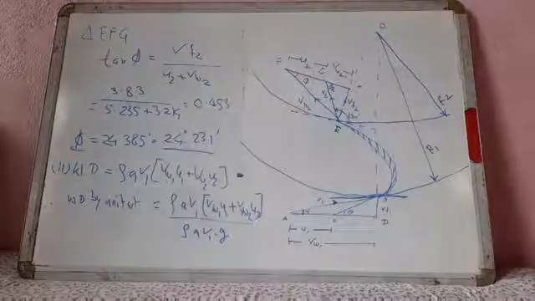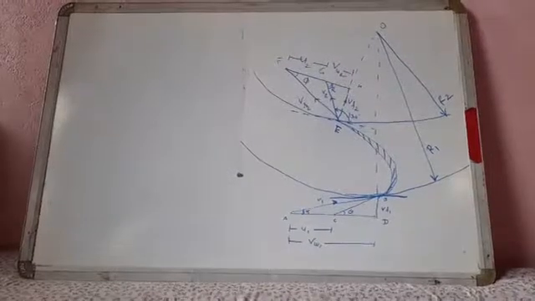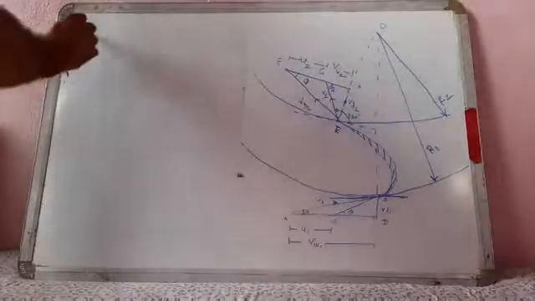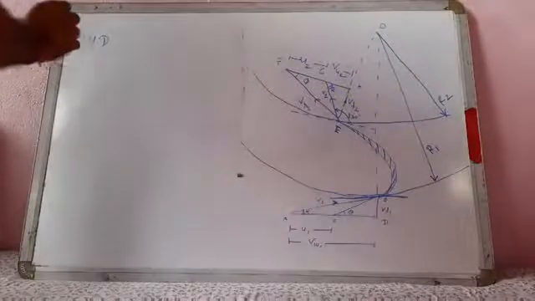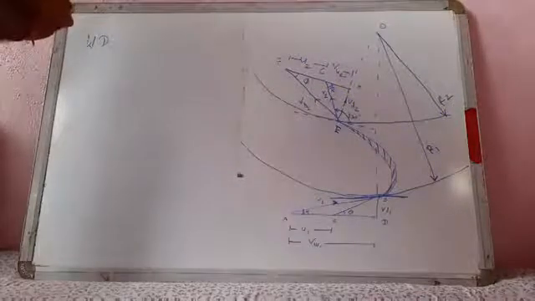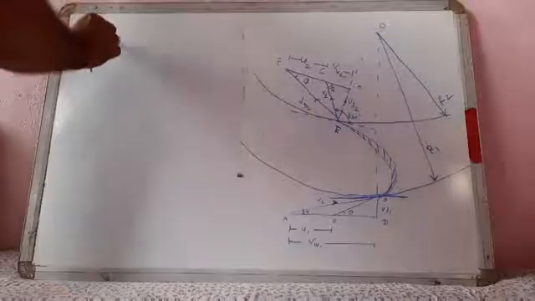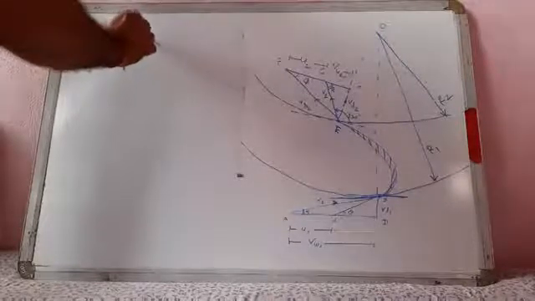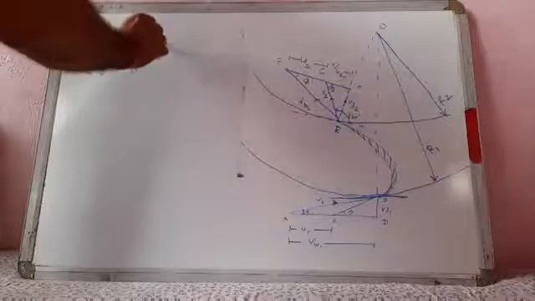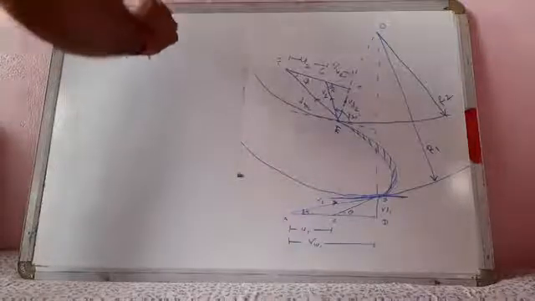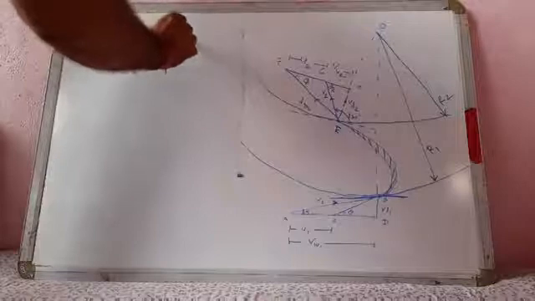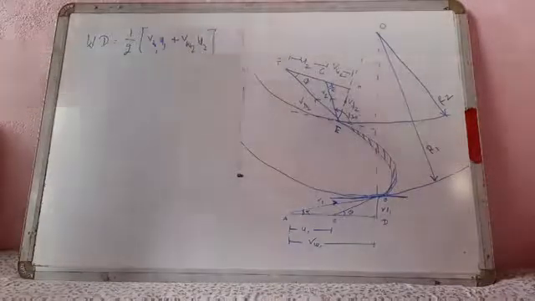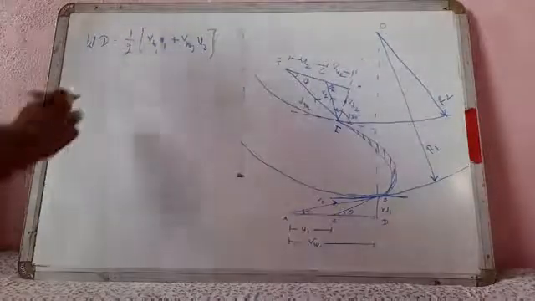By cancelling rho A V1, the work done equals 1 by g into VW1 U1 plus VW2 U2 Newton meter per Newton.